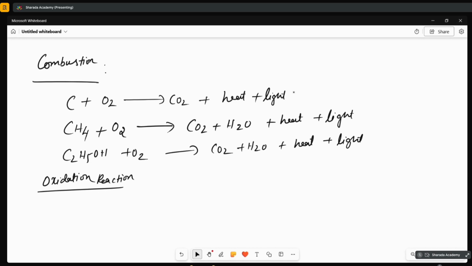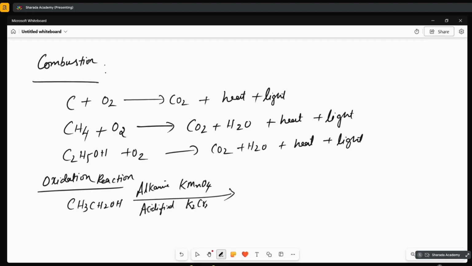All these equations are very important. They will give them. Oxidation reaction: ethanol, CH3CH2OH or this way, anyway it's the same thing, in the presence of alkaline KMnO4 or acidified potassium dichromate, K2Cr2O7.